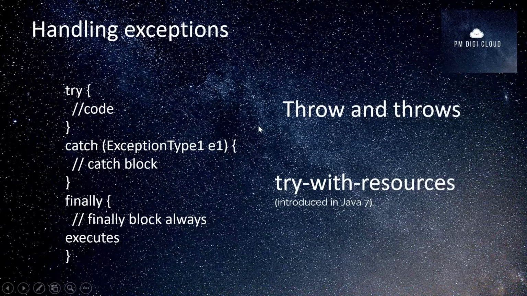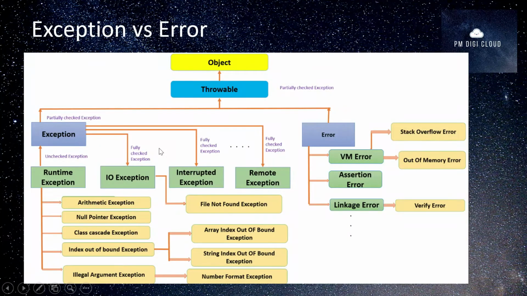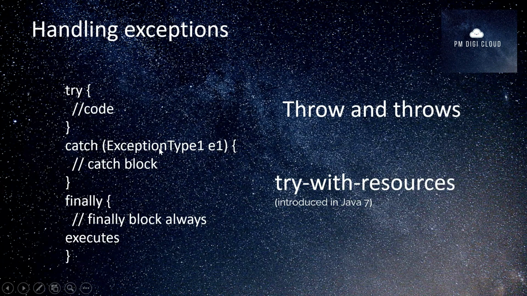So that is how this try catch exception and try catch finally block has been created. In general, what we do in the catch block, we write that particular exception and then we handle it. It depends on us how we want to handle it. So I'm asking, if I write here catch error, although we should not be handling that, then what will happen? Will it get compiled or not, or will we get any runtime error?